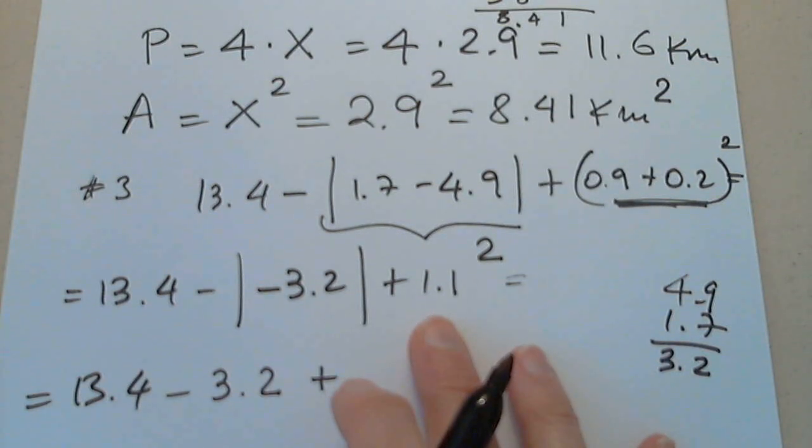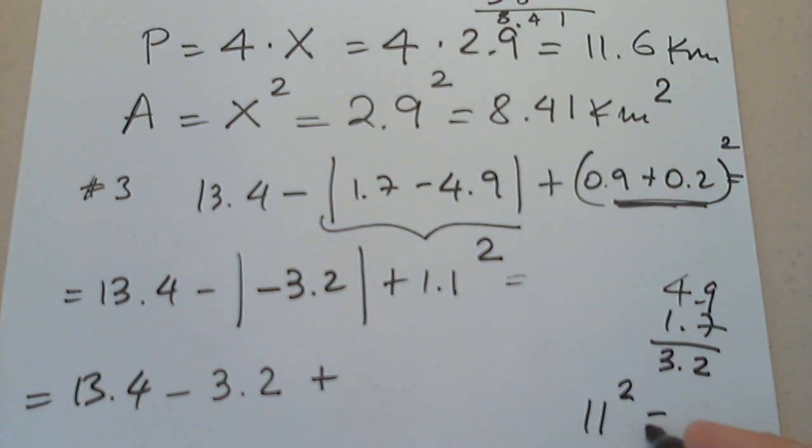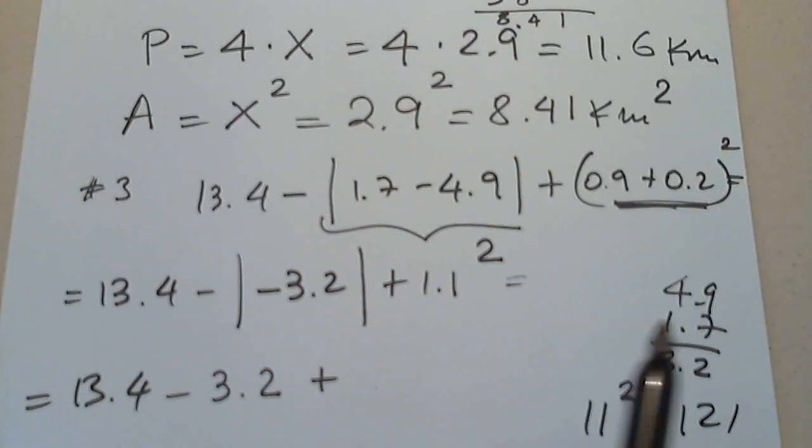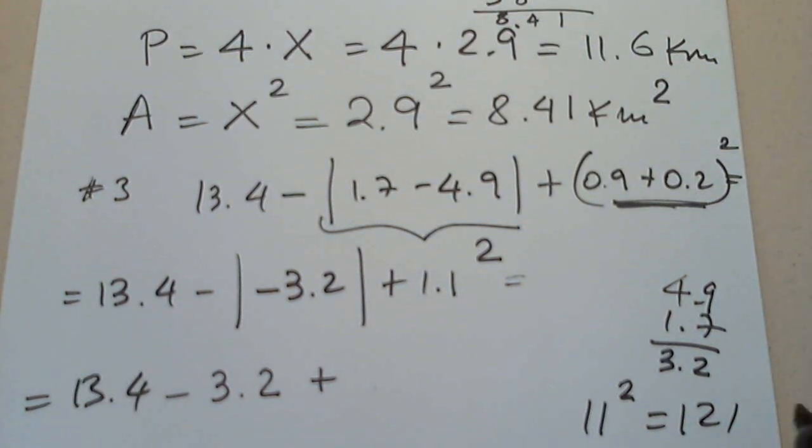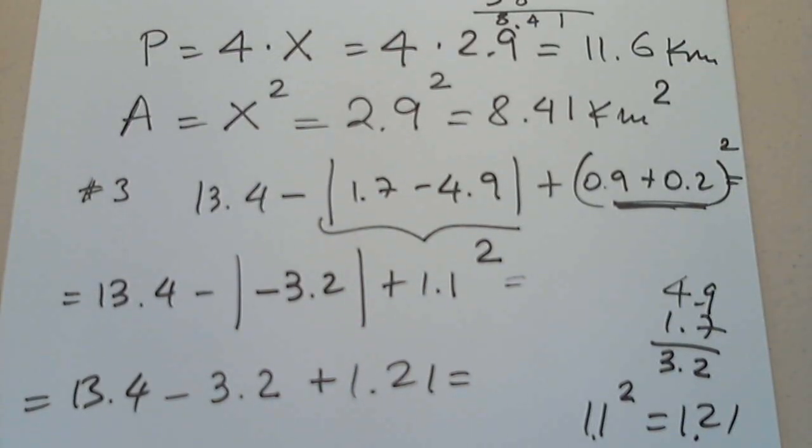So when I square 11, I get 121. But when I square 1.1, I have 2 decimal digits. So it's just 1.21. At this point, I dictate the order. I can do whatever I want. What does that mean?